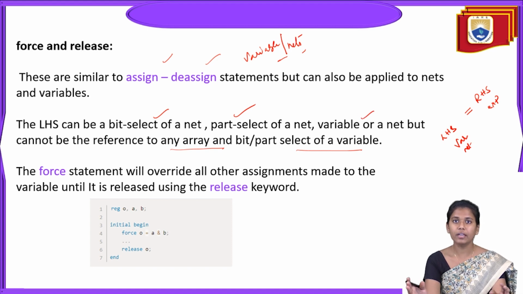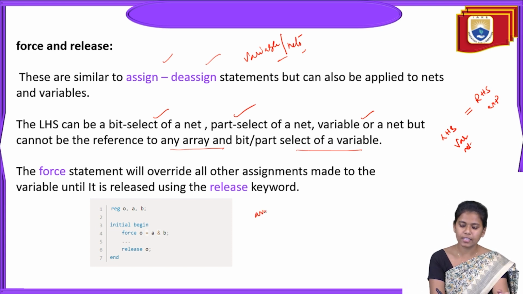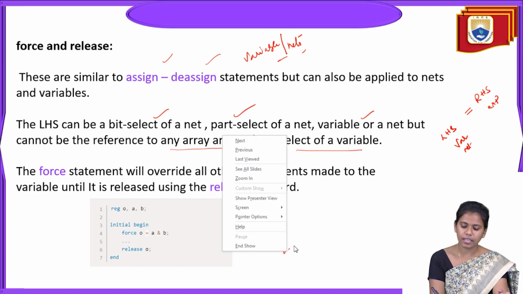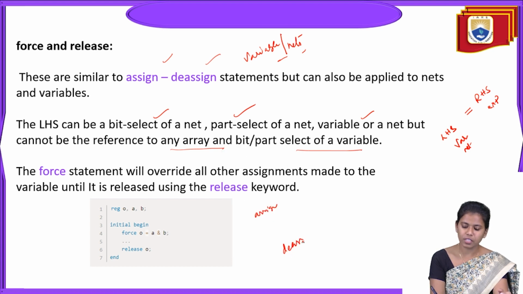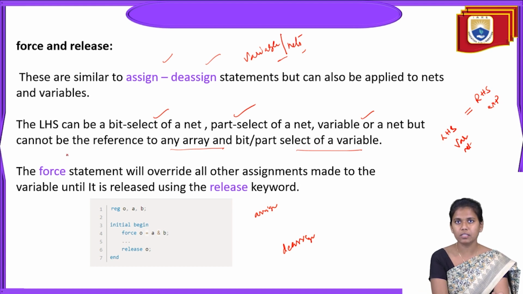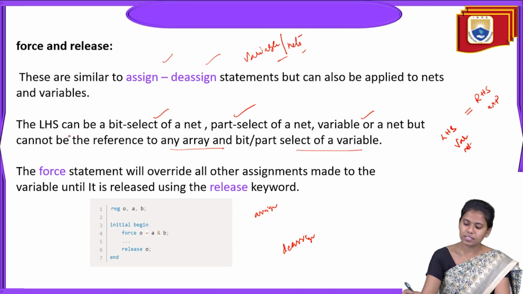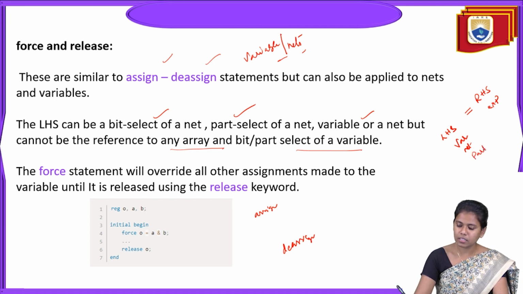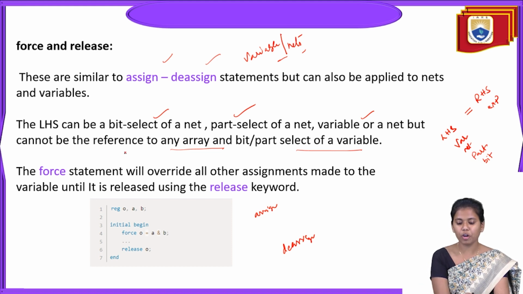When it comes to assign and deassign, we have seen no part selects. Whatever is told for force and release, it says the LHS can be a part select and bit select, but cannot be a reference of any array.